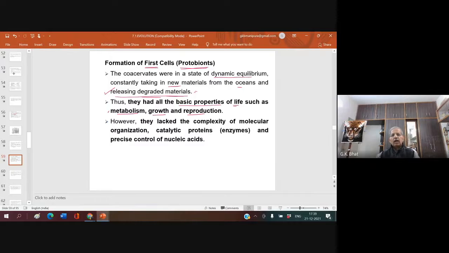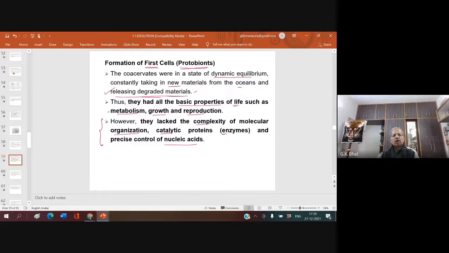However, they lacked the complexity of molecular organization that you see in the larger animals, catalytic proteins, which you know are enzymes, and precise control of nucleic acids. In all these aspects, they were lagging.